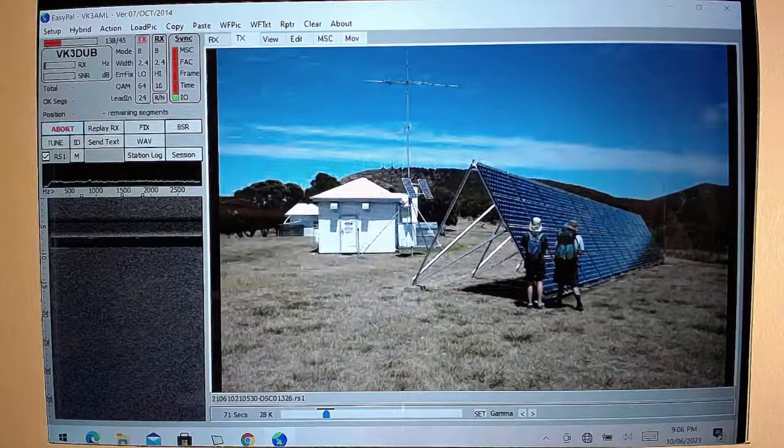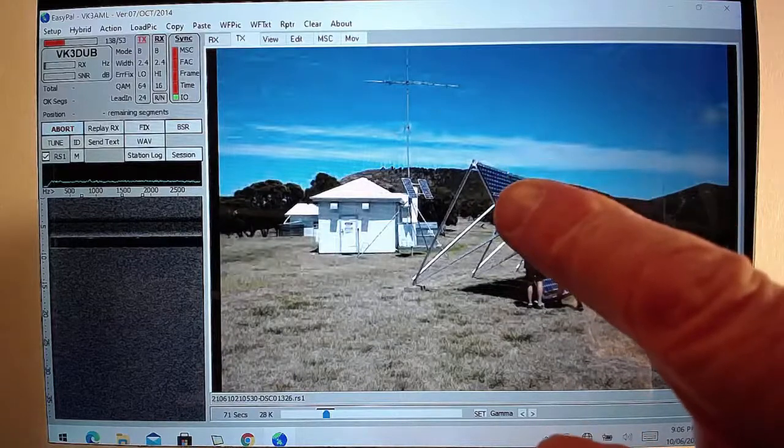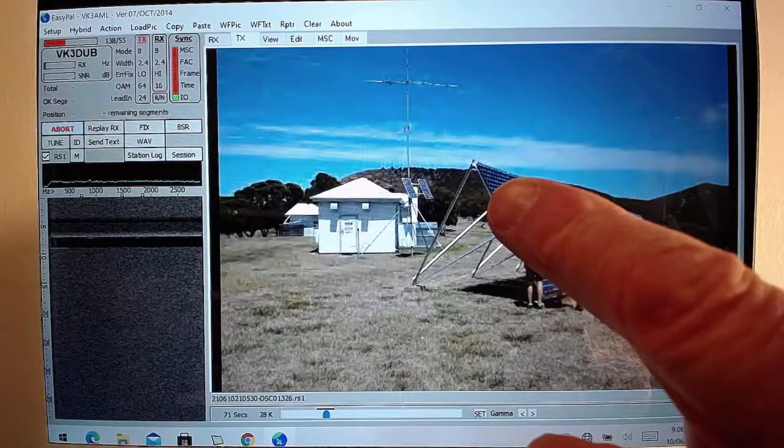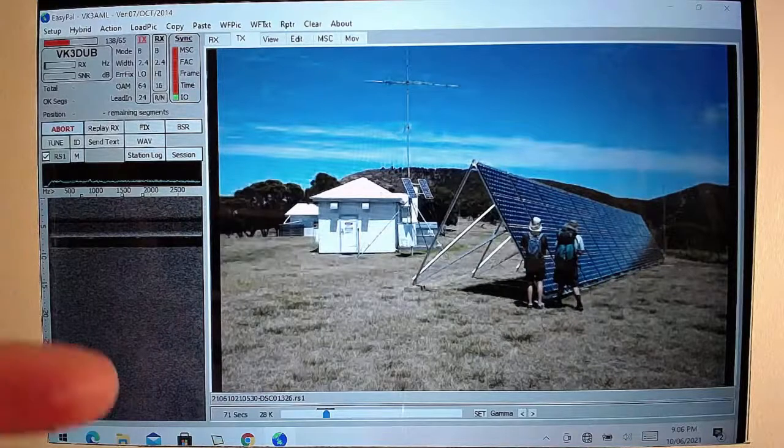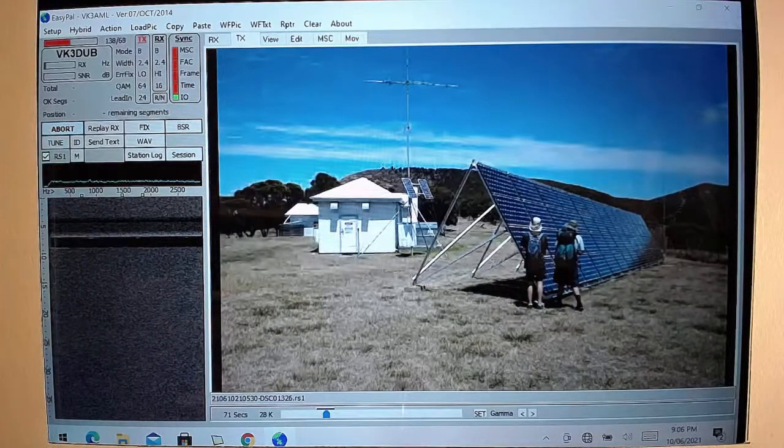So just to give an idea, we put the transmit picture into that box. On the left hand side we get the waterfall display of the received multi-subcarrier stream. It's frequently 64 subcarriers, and it produces a result which has better signal to noise and far better definition than standard slow scan in a short transmission time, in particular at the moment 71 seconds for me.